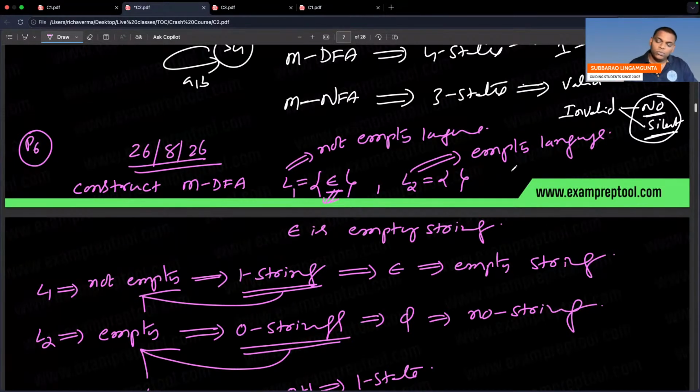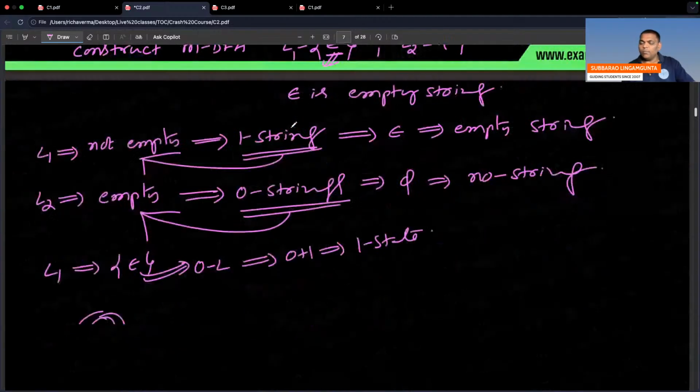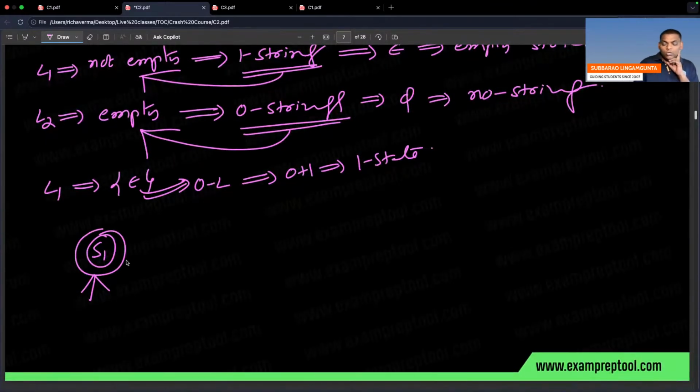Suppose someone says the alphabet of L1 is sigma equals {a, b}. Then see the answer: this automaton already accepts epsilon. Because it is a DFA, I have to cover the unnecessary inputs also. A goes to S2, B also goes to S2. S2 is a dead state, and a dead state goes to itself.